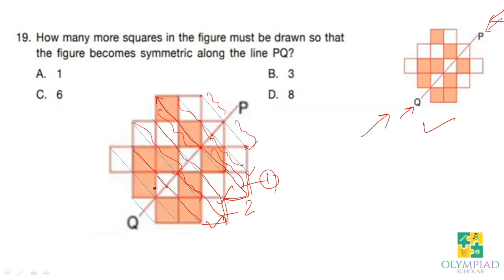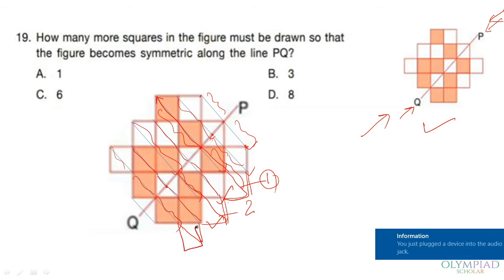Okay, so this line, from this distance it is one diagonal, and this is two diagonals. So you need to extend the diagonal up to here, and draw another figure over here, and this point will exactly coincide with this point if the figure is folded along the line PQ.